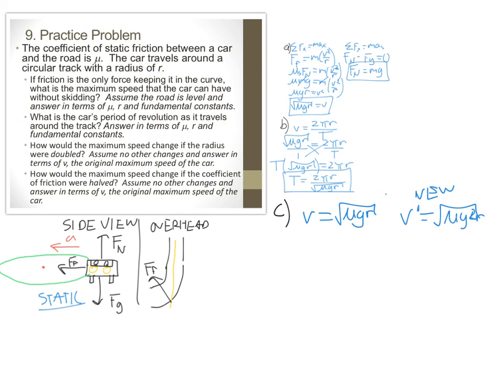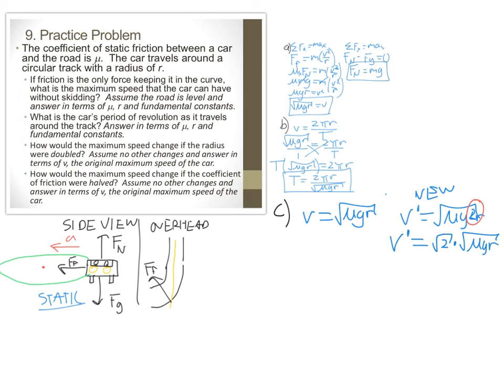And now I'm going to go ahead and solve for my new v in terms of my old v. There are a few ways of doing it, but we could square both sides to get rid of the square root because that's a little bit messy to deal with. What I'm going to do, though, is I'm going to actually factor out this 2 here. So I'm going to rewrite this equation as the square root of 2 times the square root of mu gr.